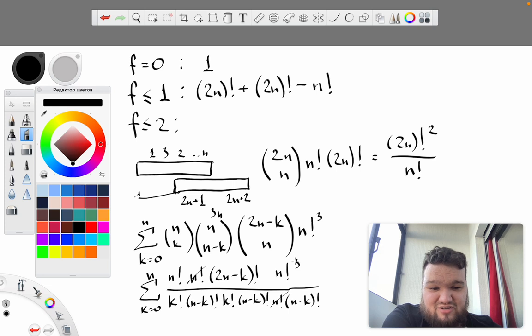N factorial to the fourth times 2n minus k factorial times inverse n minus k factorial to the third and inverse k factorial to the second.